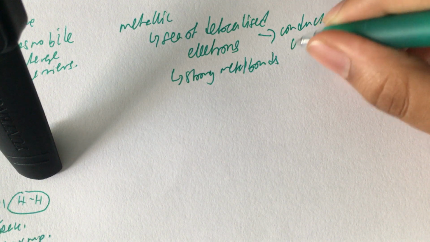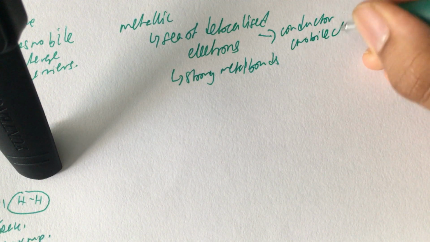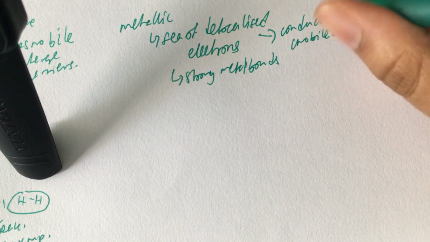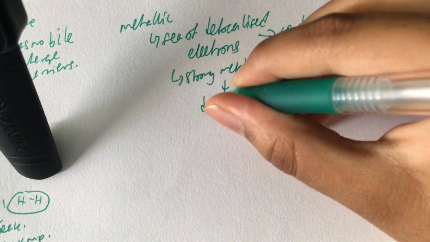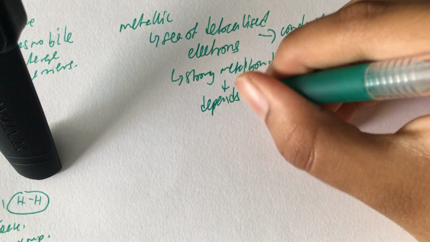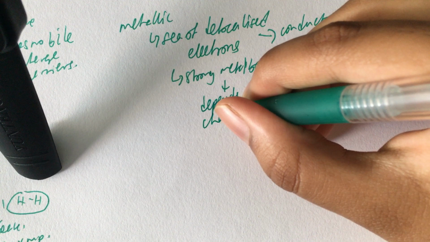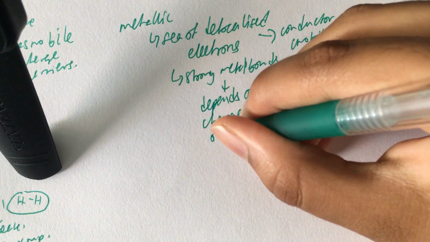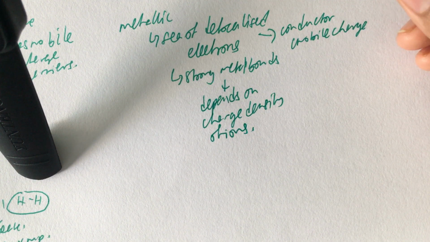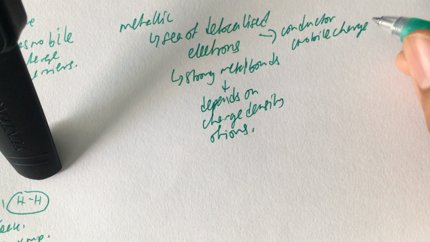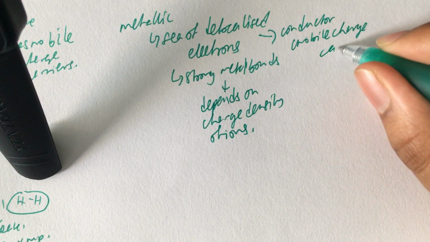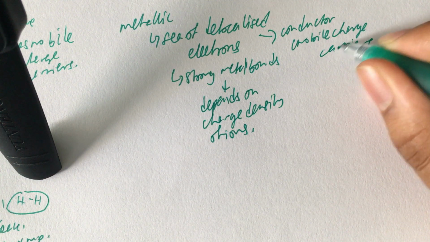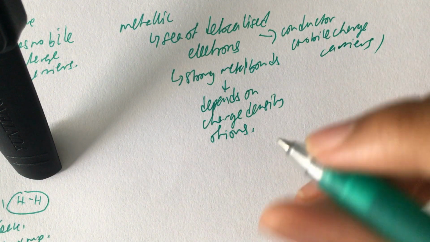Well, some of them have pretty weak metallic bonding too. So it depends on the charge density of the metal ion and certain other factors as well. The other thing about metallic bonding is that you can bend it into various shapes, because it's malleable.